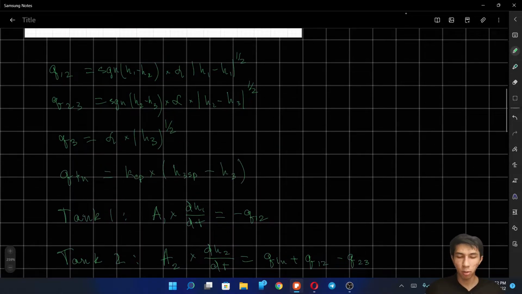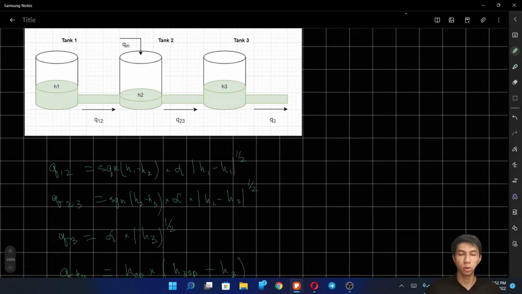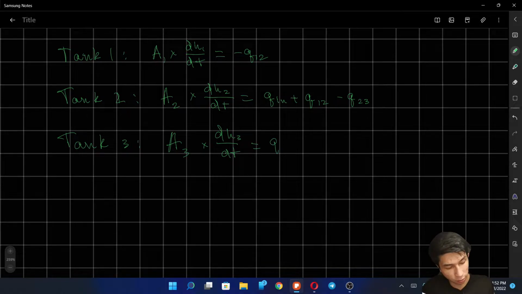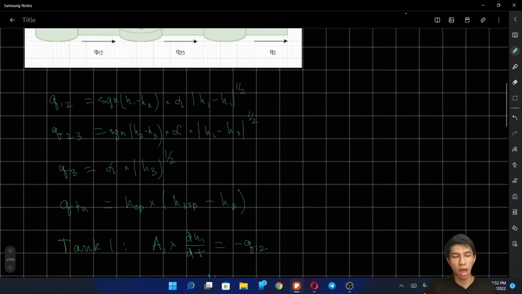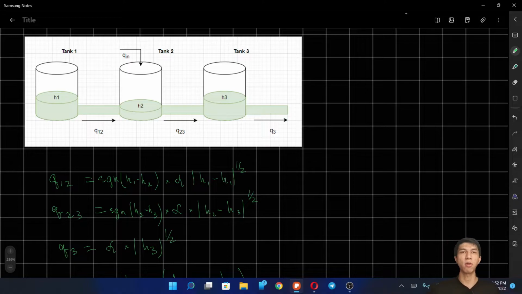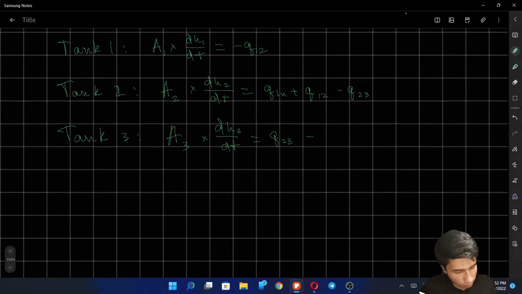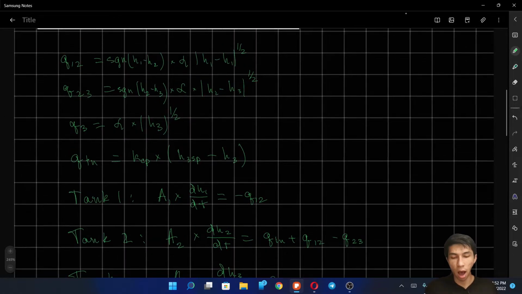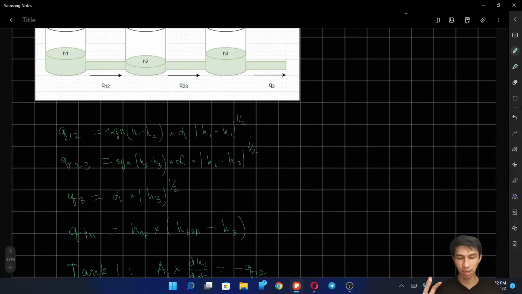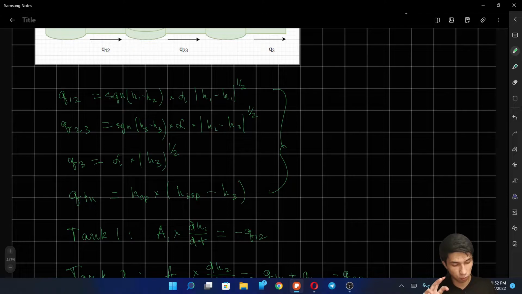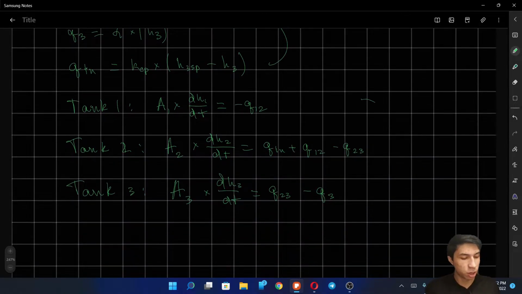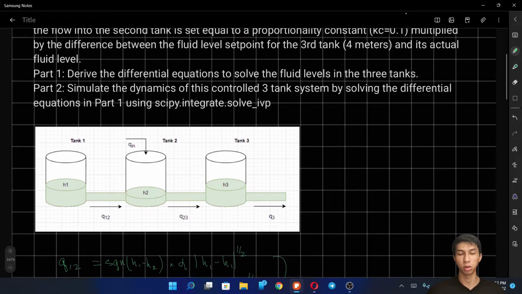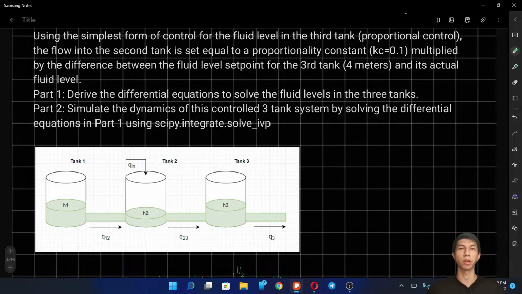From our model, we have a fluid coming to tank 3 from tank 2, so we have positive Q23, and we have Q3 leaving our tank, so minus Q3. So now we have our model for our 3-tank system with its 4 equations, and we have determined 3 differential equations which we can use while solving the problem using the Python code.